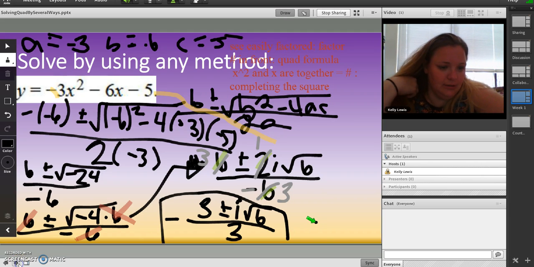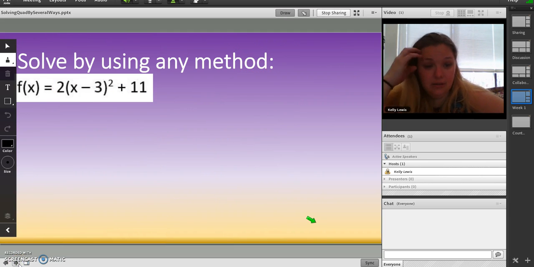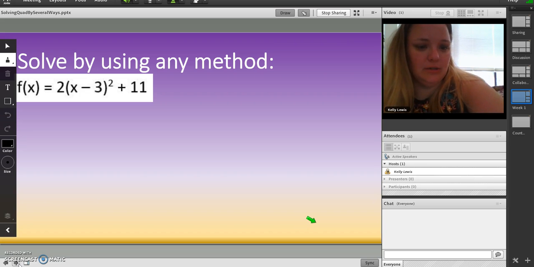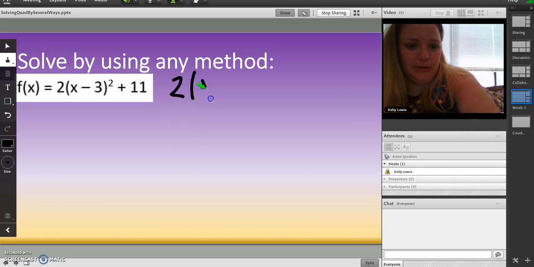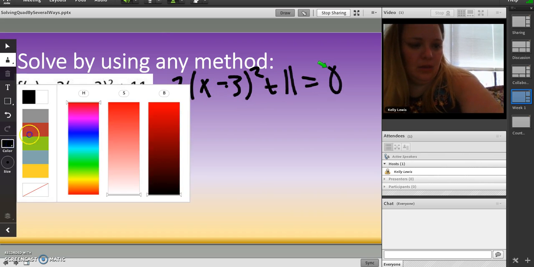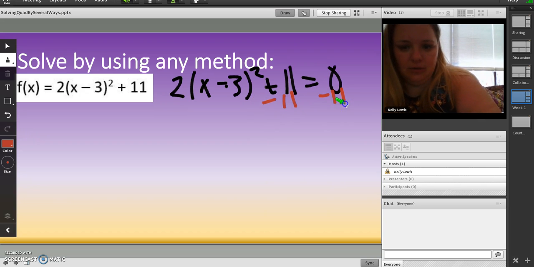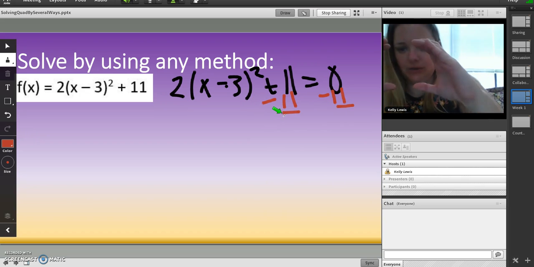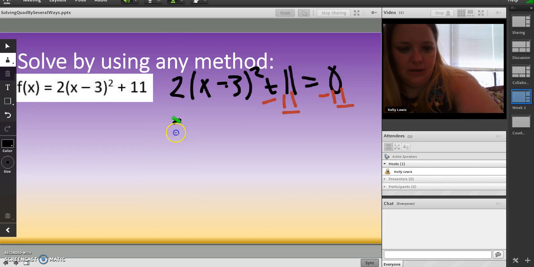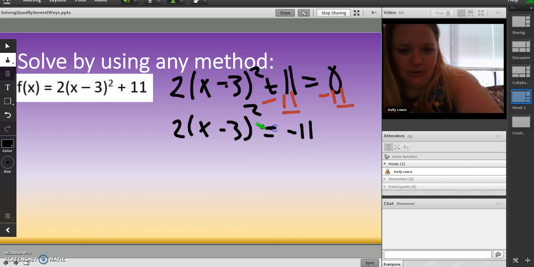Let's keep looking. Right here, I'm going to do a square root. So 2 times (x minus 3) squared plus 11 equals 0. Subtract 11 because you want the (x minus 3) squared together on one side by itself. 2 times (x minus 3) squared equals negative 11.